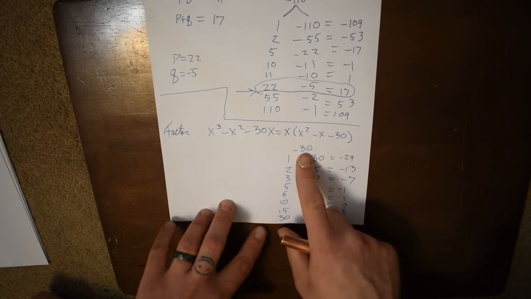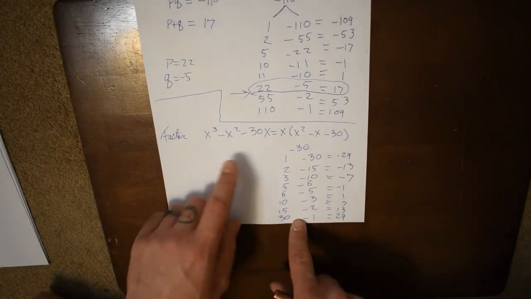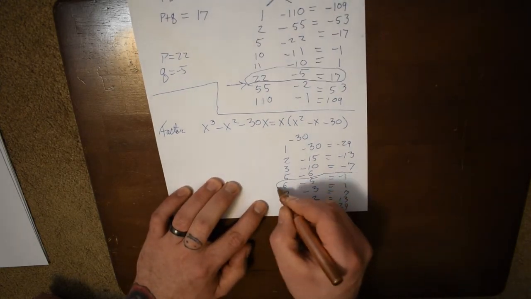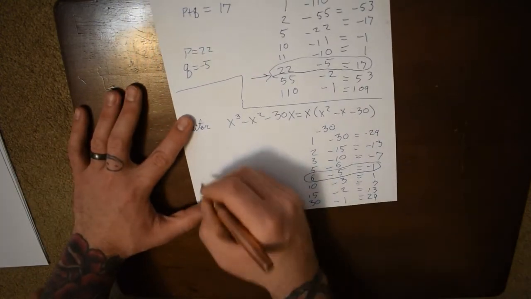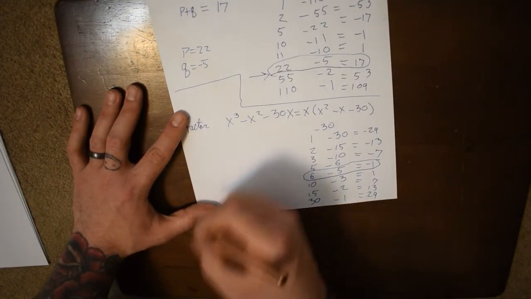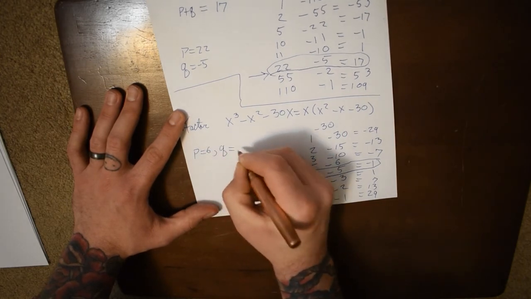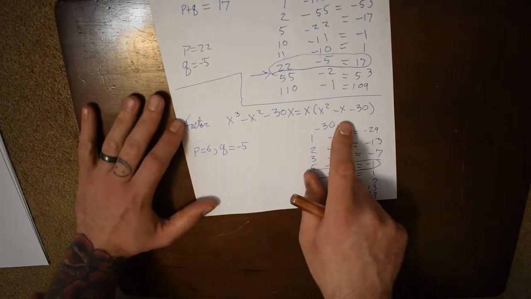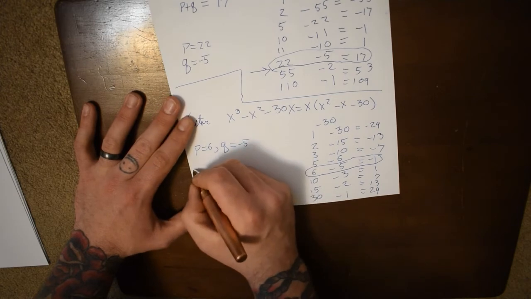Okay, all the factors of negative 30, and we added them together. We want the ones that equal negative 1. That means we want these numbers right here. It doesn't matter which one we call P and which one we call Q. I'll say P is equal to 6 and Q is equal to negative 5. But now look, I haven't saved myself enough space here, so I'll try and write it over here.